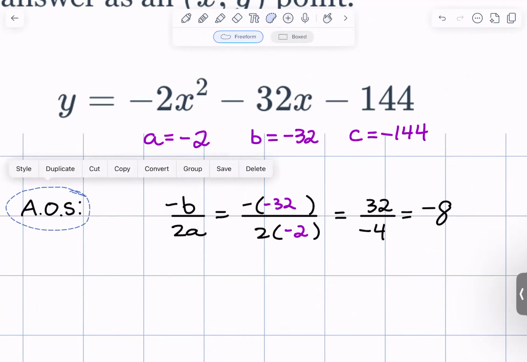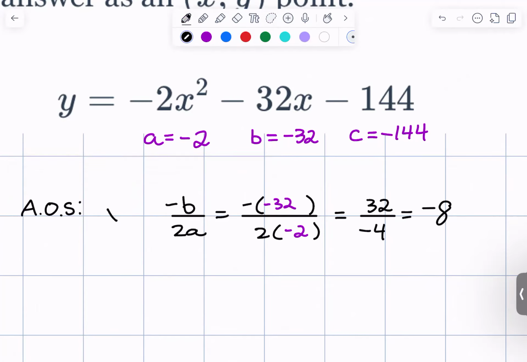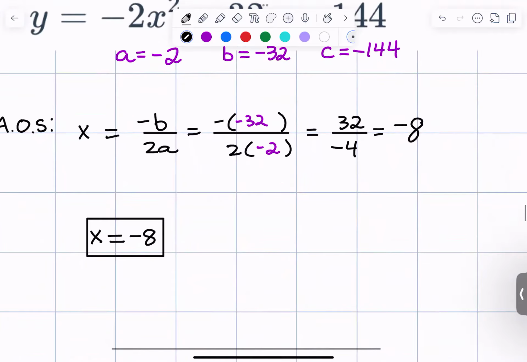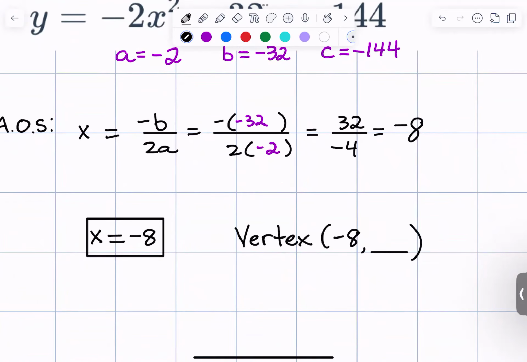My axis of symmetry is x equals -8. Along with my axis of symmetry being x equals -8, I also got the x value of my vertex. So I'm halfway there: -8 comma blank.